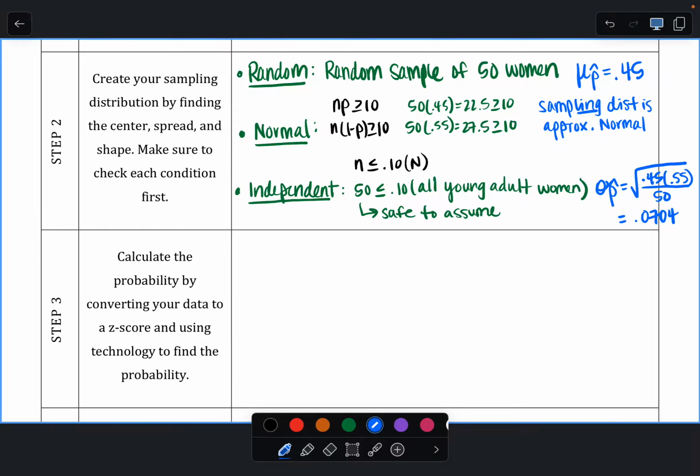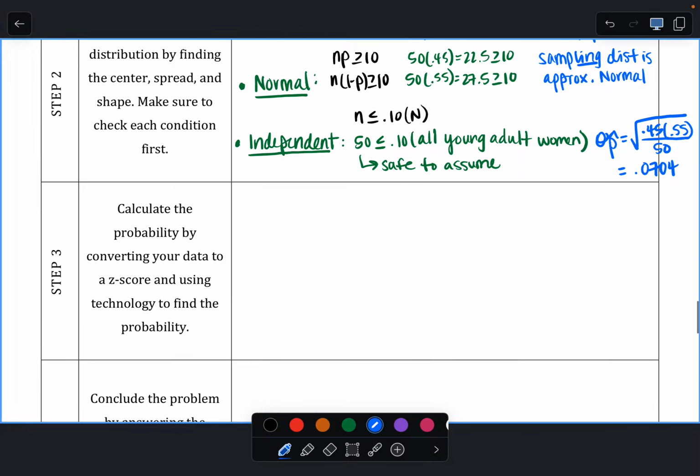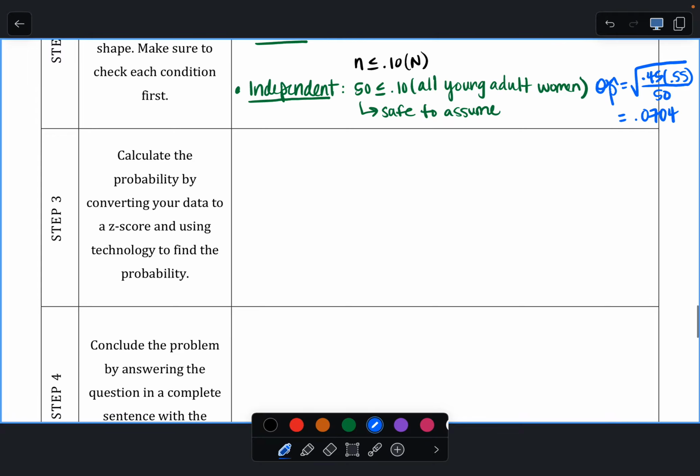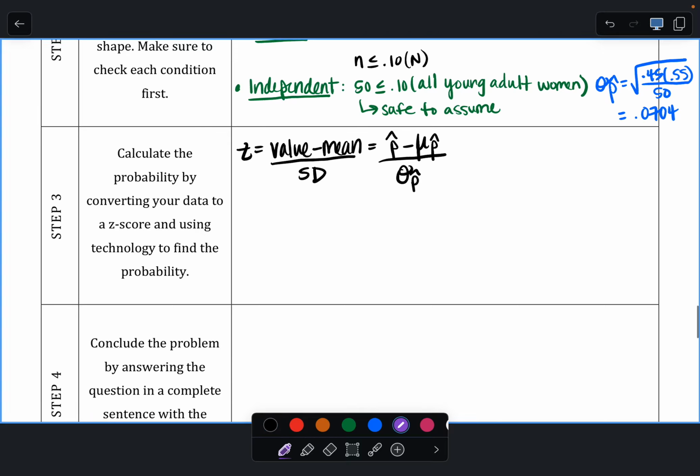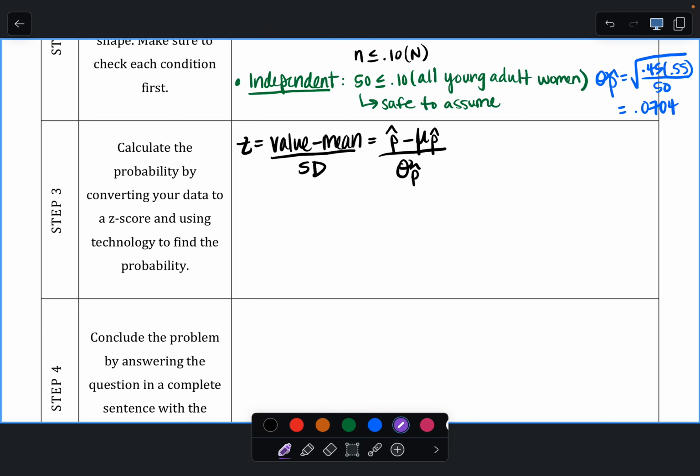Okay, now back to some stuff that you already know how to do. Whether you remember or not, we did learn that a z-score is represented by a value minus the mean over the standard deviation. In symbols for what we're using, this would be p hat minus mu of p hat, all over standard deviation of p hat. In our case, for this particular question, they want to know the probability that it is 50% or higher.